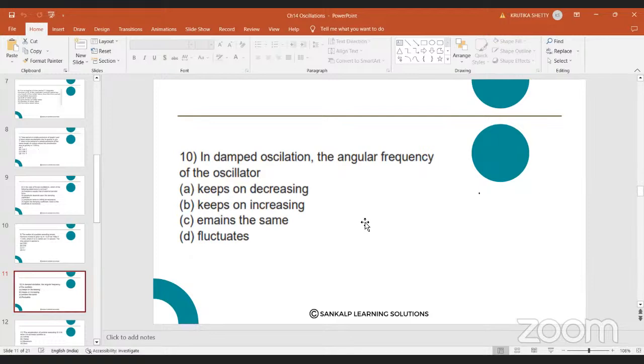In damped oscillation, the angular frequency of the oscillator. So in case of damped oscillator, what happens to the angular frequency? Keeps on decreasing, keeps on increasing, remains the same, or it fluctuates. Which option is right?